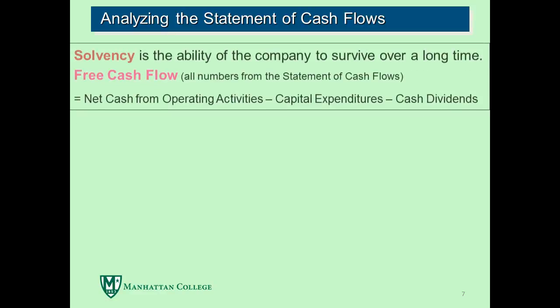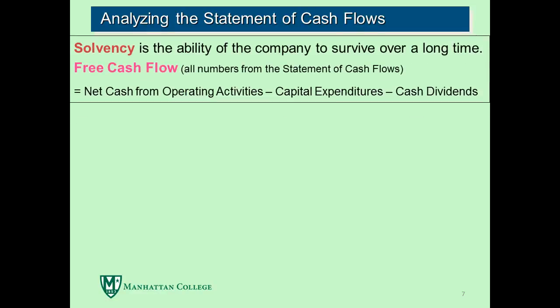We'll look at a ratio of solvency, the ability to pay your creditors over time and to purchase long-term assets. One is free cash flow. Do you generate enough cash from your operating activities to pay for any capital expenditures, purchases of new property, plant, and equipment, and to pay dividends to share profits with your shareholders?